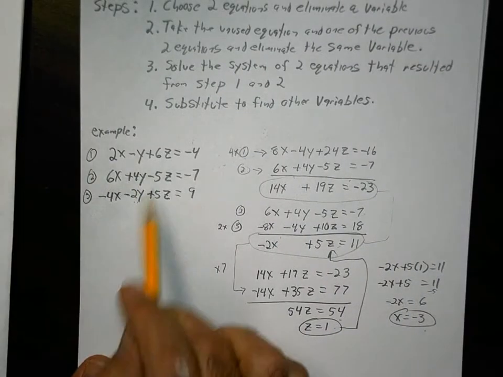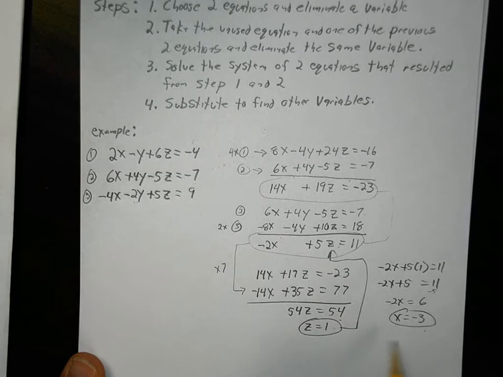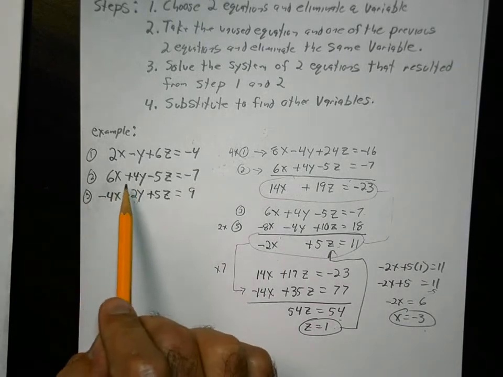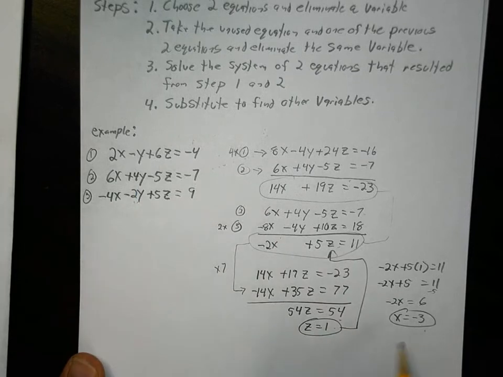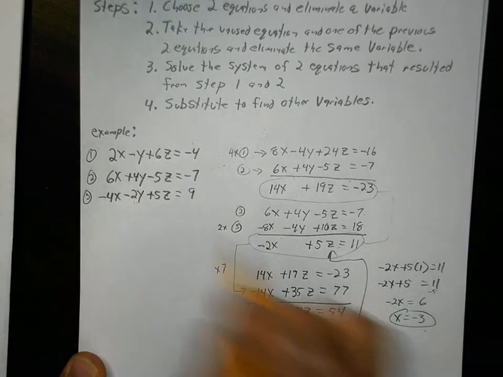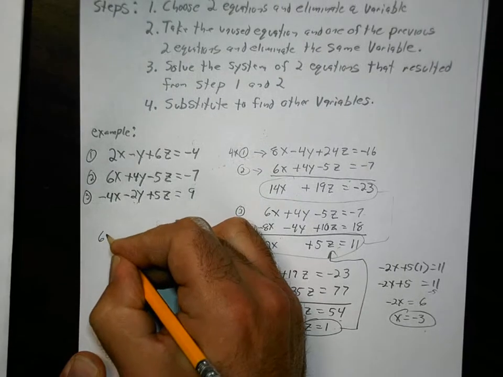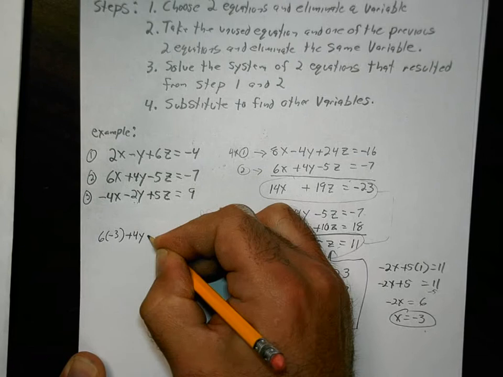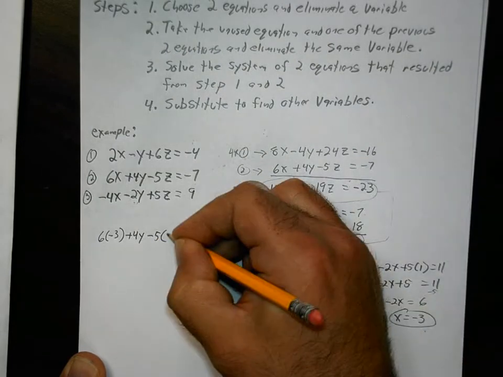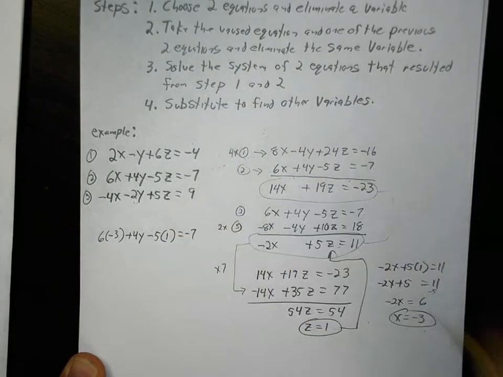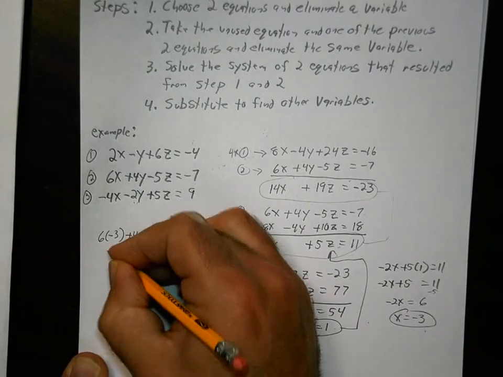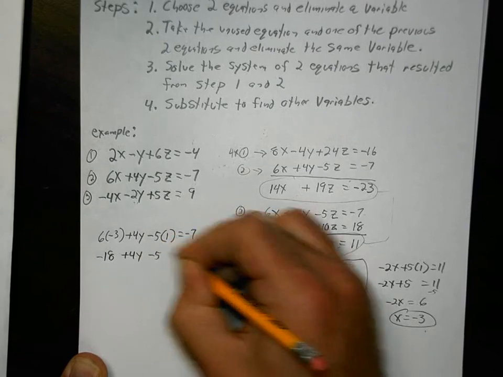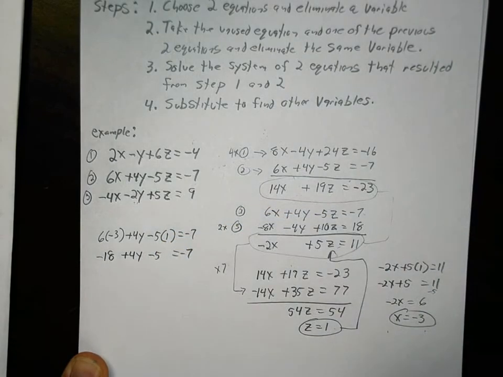It doesn't matter which, so I'll try to find the easiest one, maybe the middle one because the coefficient is positive on the y, but it doesn't really matter. So let's substitute back in here. We have 6 times x plus 4y minus 5 times z equals negative 7. So let's get negative 18 plus 4y minus 5 equals negative 7.